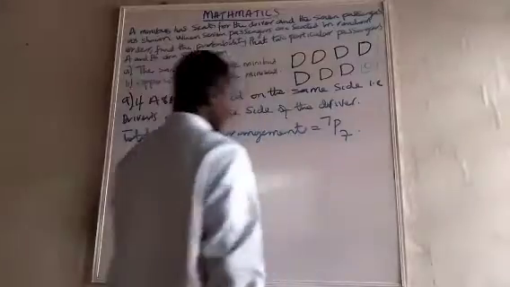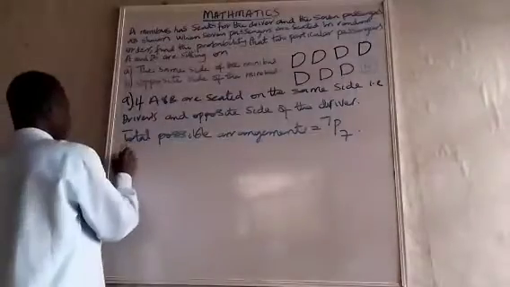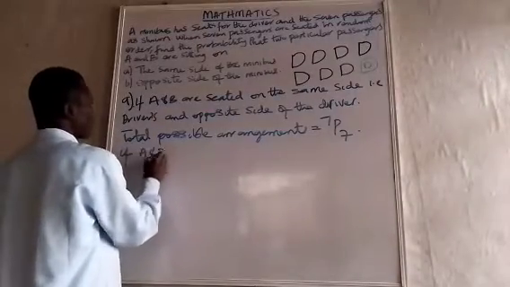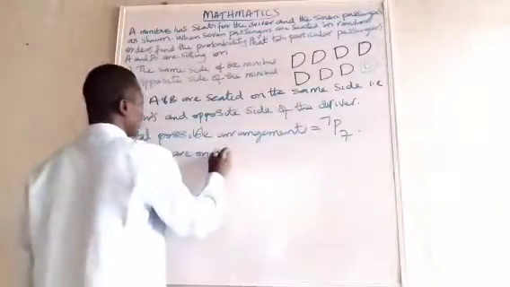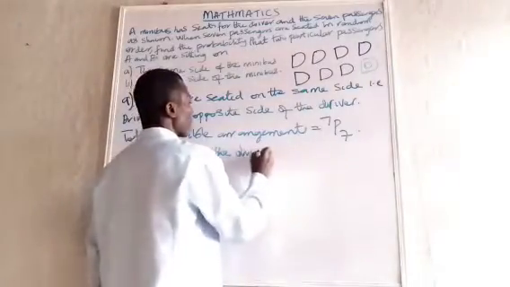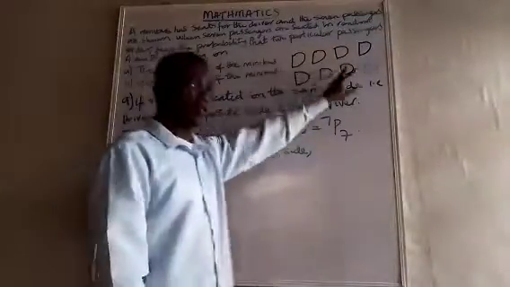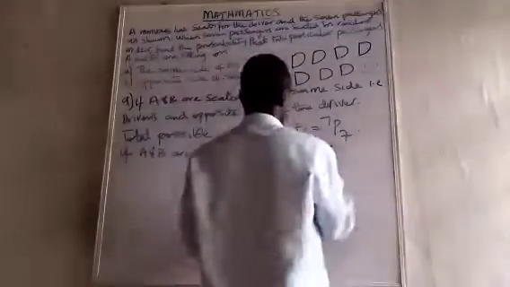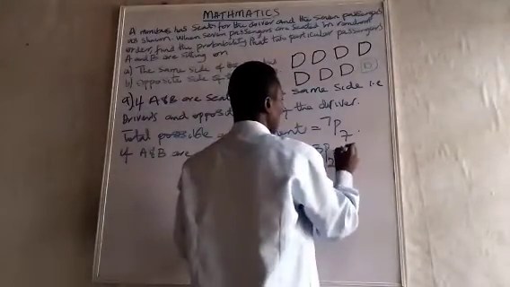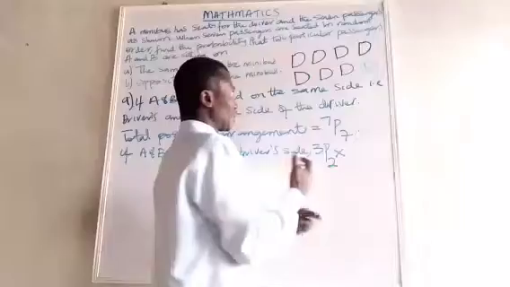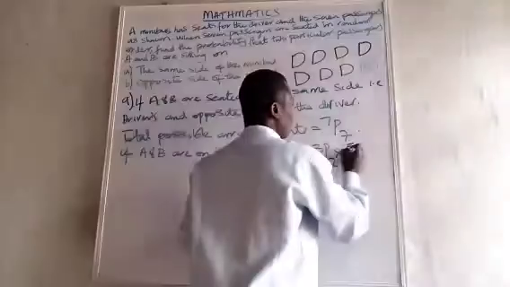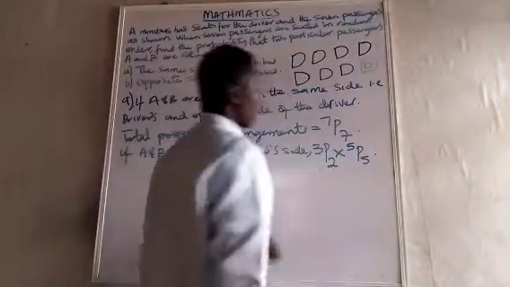7P7. Now, if A and B are on the driver's side, which means that we have 3P2 because of this, times 5P5, since we now have 5 positions left for the other passengers. You understand?